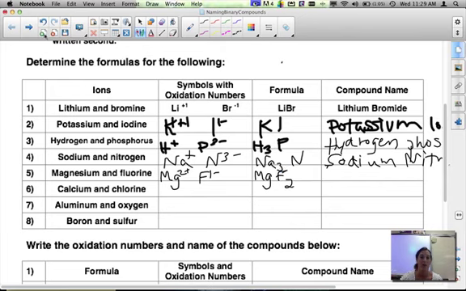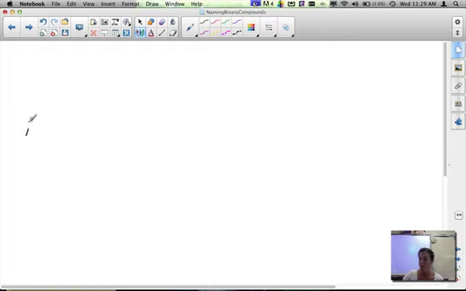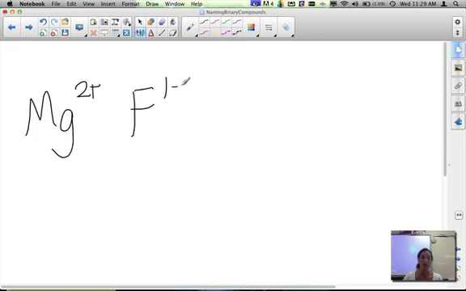All right, let me go on the next page and show you again. Magnesium has a positive 2 charge. Fluorine has a negative 1 charge. We want our positives and negatives to balance out. So to do that, I have to bring in another fluorine that has a negative 1 charge.